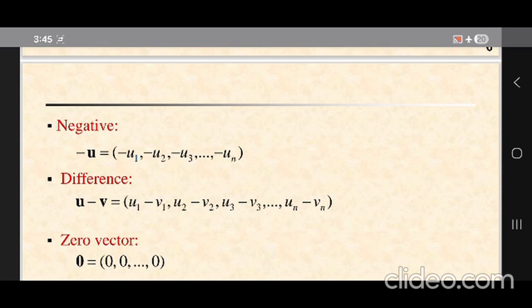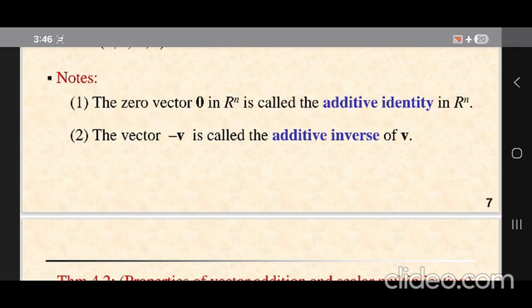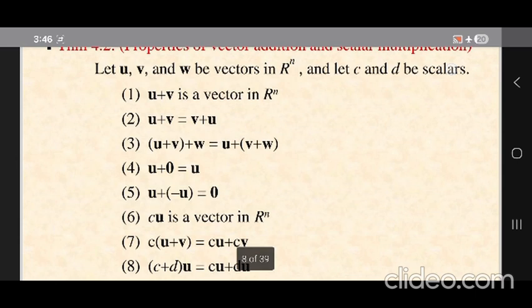Next is the zero vector, where all the elements are 0, 0, 0, etc., 0. Notes: the zero vector is called the additive identity in R power n, and the vector minus v is called the additive inverse of v.